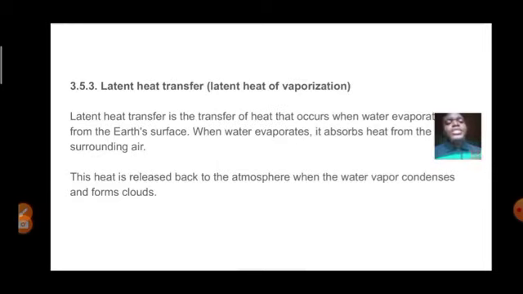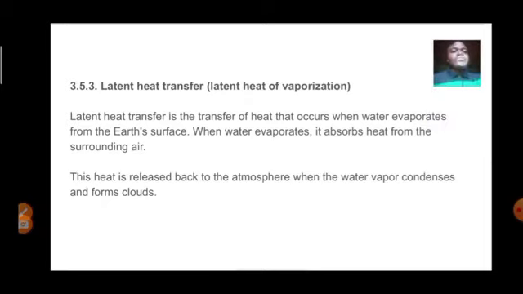Let's proceed. Now, another way through which energy or heat is transferred from the earth's surface onto the atmosphere is through latent heat transfer. Latent heat transfer is a transfer of heat that occurs when water evaporates, I beg your pardon, from the earth's surface.